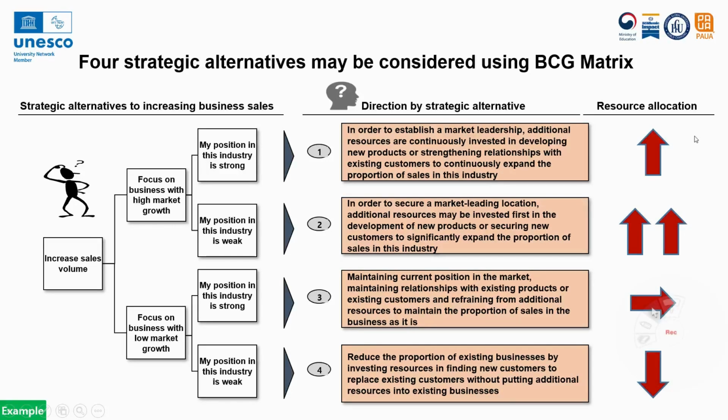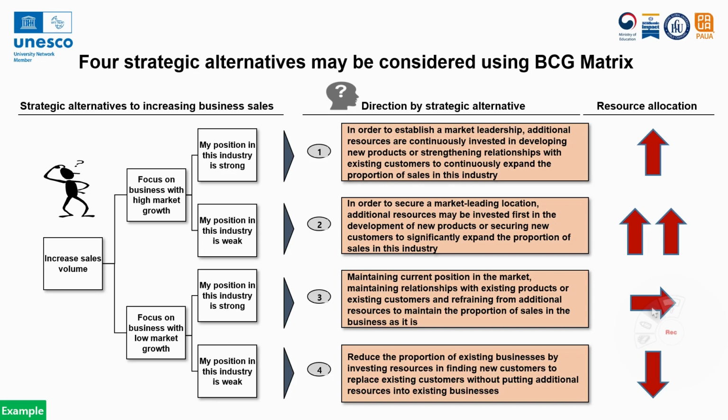Now let me move on to the next topic. I have explained what the BCG matrix is, and we may also use the BCG matrix to rebalance our business portfolios, right? But the BCG matrix can also be used to list strategic alternatives.